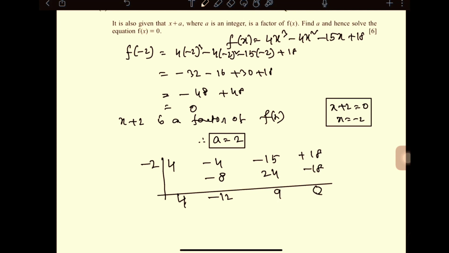So finally the factors will be x plus 2, then 4x square minus 12x plus 9 equals to 0.